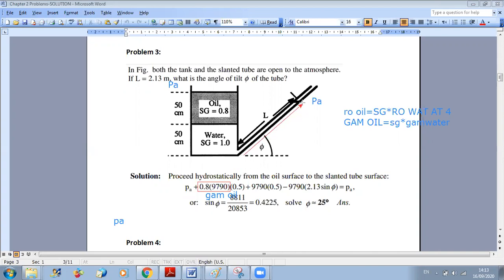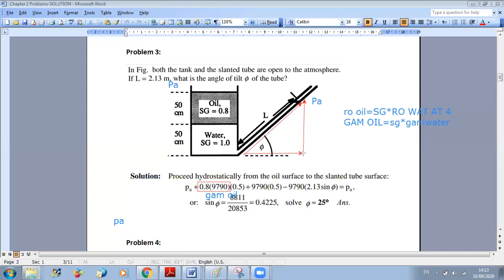I care about the variation in height, because in a static fluid, at the same horizontal level, I don't have variation in pressure. In this chapter, we will deal with static fluids and with fluids moving in rigid body motion.